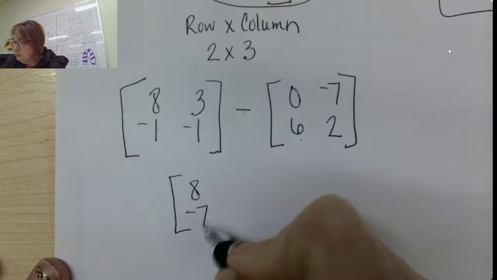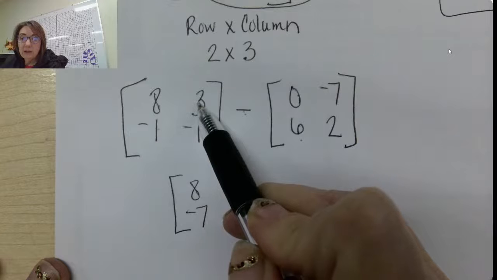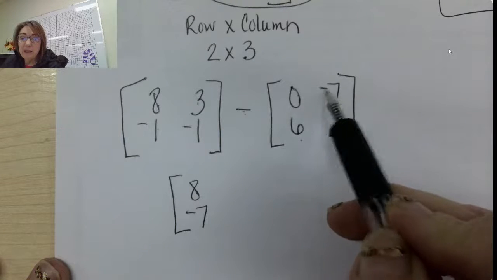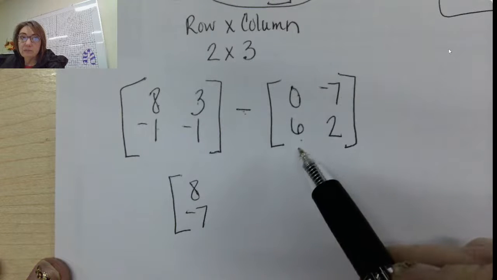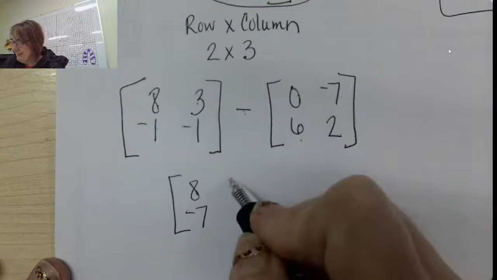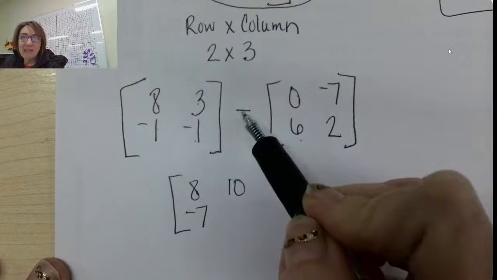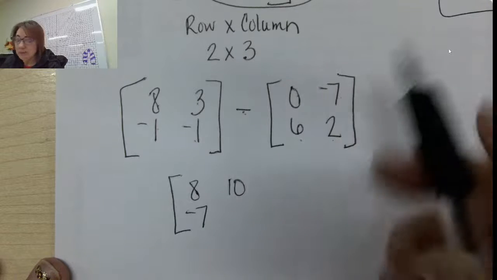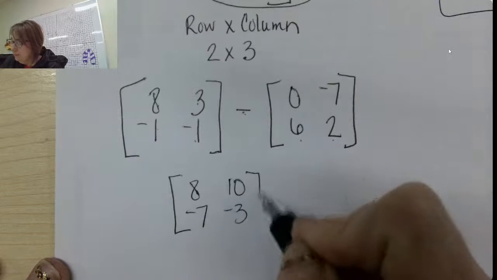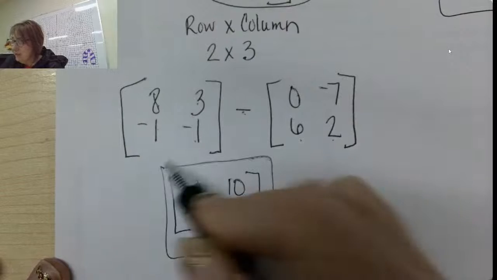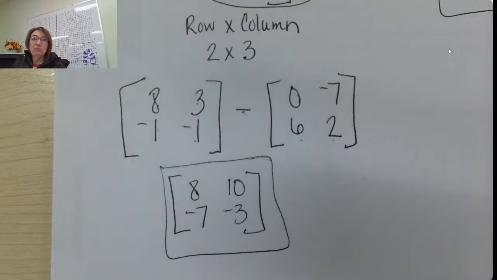Negative 7. 3 minus negative 7. 10. Good. Negative 1 minus 2. And that's our answer. Like I said, it's exactly the same. You just subtract instead of add.